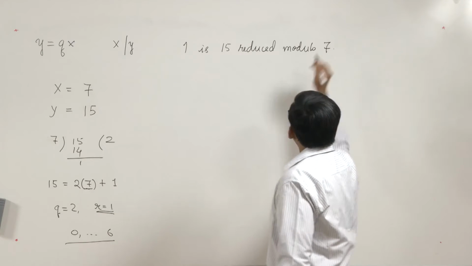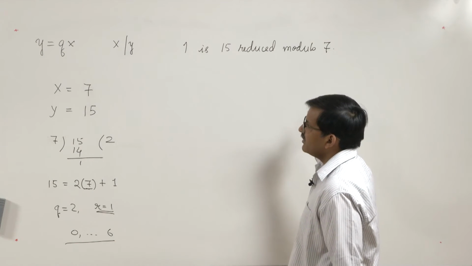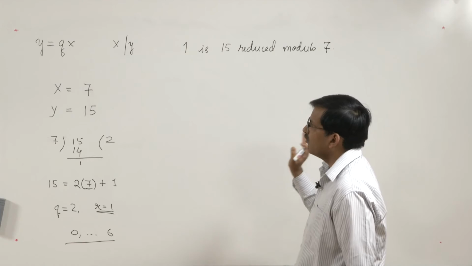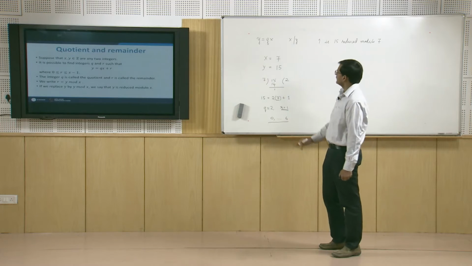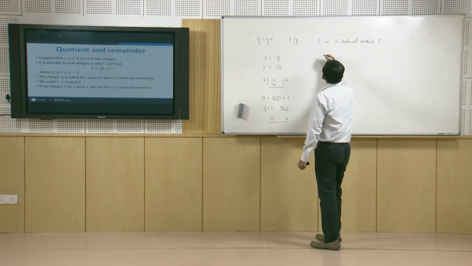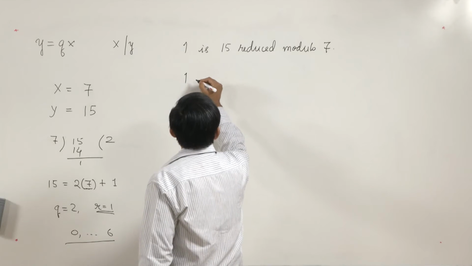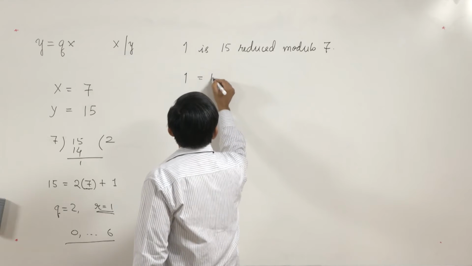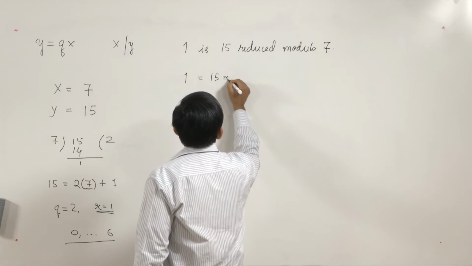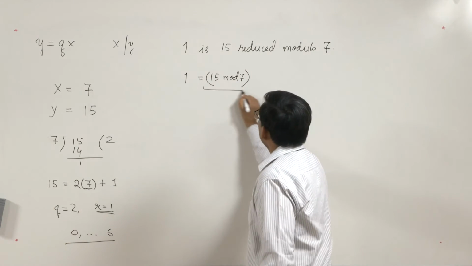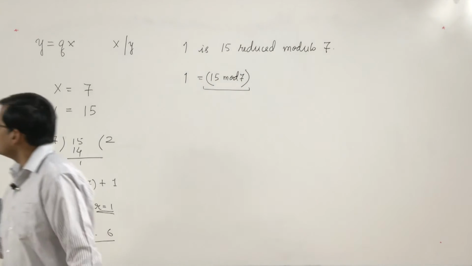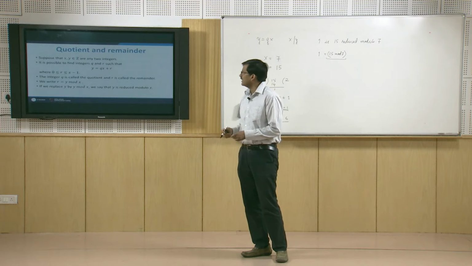If I divide 15 by 7, the remainder is 1, and I force the remainder to be between 0 and 6. I write this as the symbol 1 equals 15 mod 7. This is a single entity, 15 mod 7, which in general I write as r equal to y mod x.